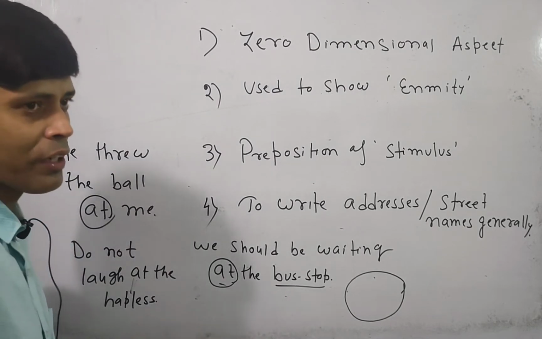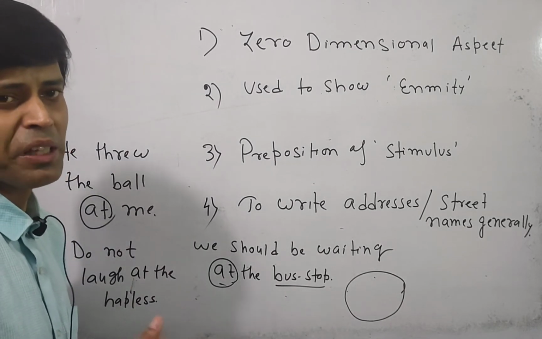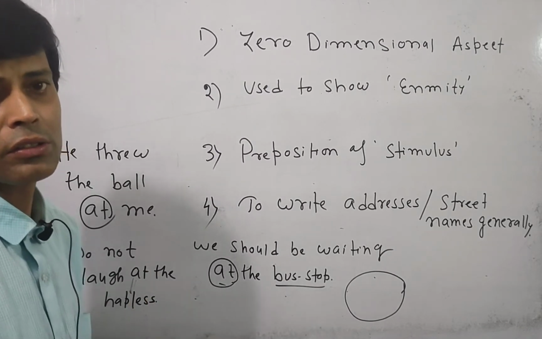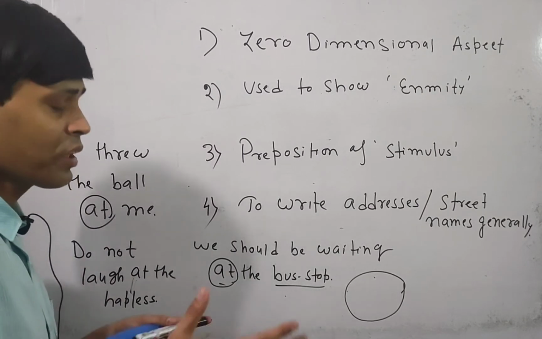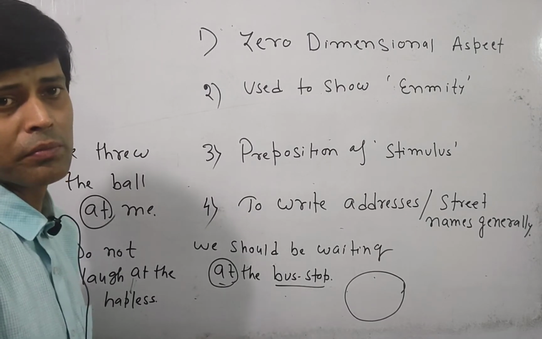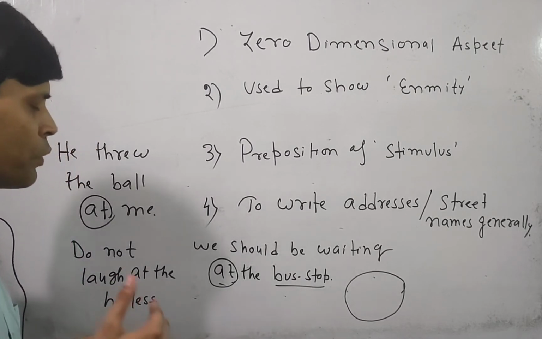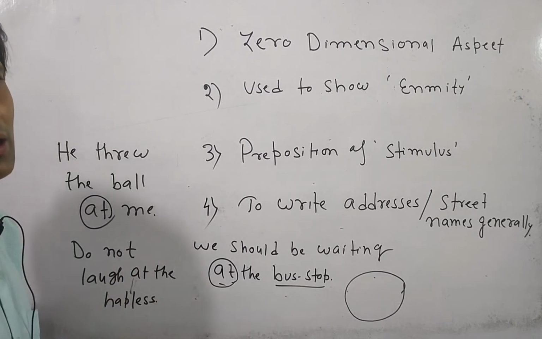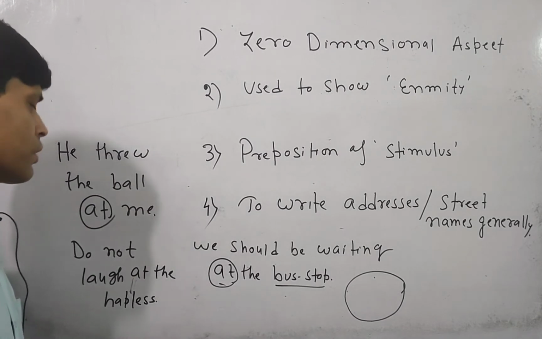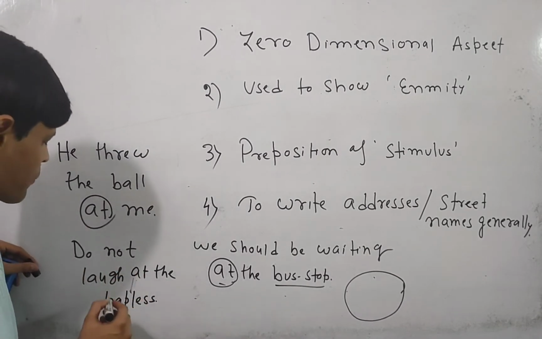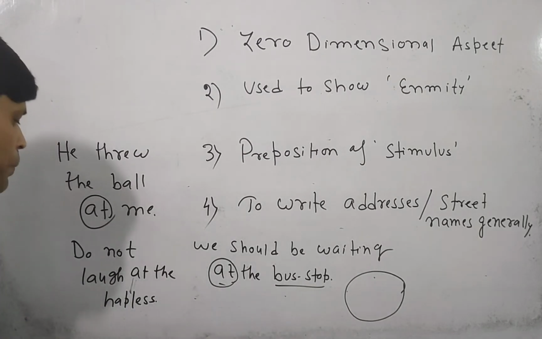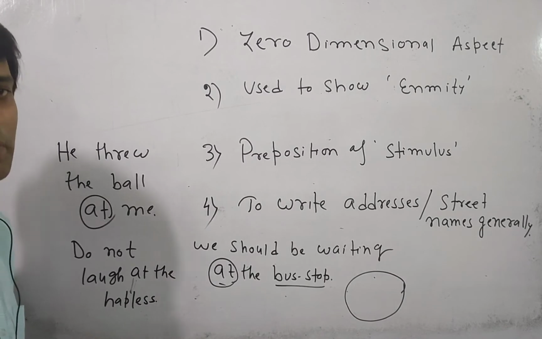That means laughing, mocking, or something like that, looking down upon someone with a jaundiced eye, with some hateful eye. In that case, we can think that there is some kind of enmity lying within. So here, do not laugh at me. The laugh is not about being friendly. Rather, it is a matter of enmity.